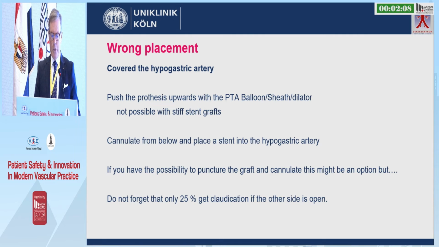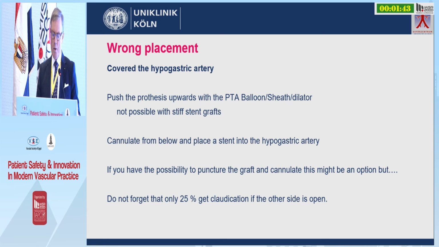If we go down to the hypogastrics, if you have covered the hypogastric artery, you might try to push up the stent graft a bit. I find it very hard. You cannot do it with a balloon because the balloon will press the stent graft towards the wall and fixate the stent graft, so to speak.